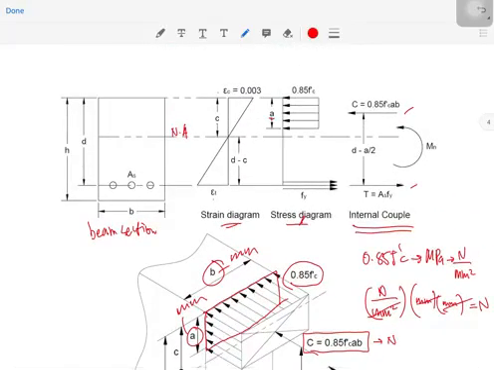Okay, so we have this internal couple now, where C is equal to 0.85 f'c a b, and the tension is equal to As times fy. Then that could be equal to Mn. Since C is acting at the center of your compression block, this is a over 2, and this is also a over 2. So that is d minus a over 2.